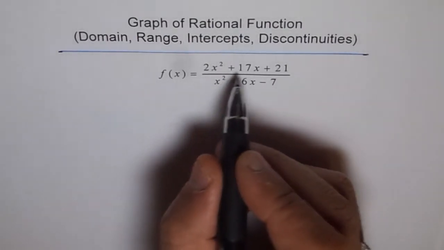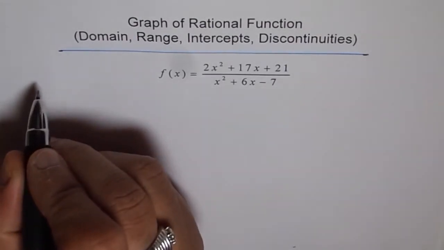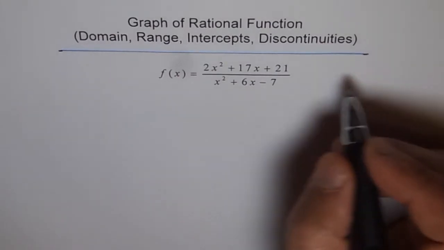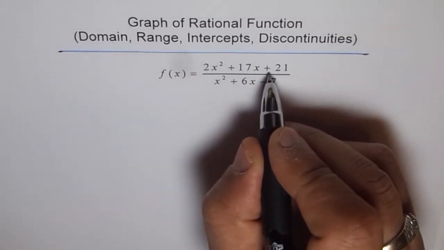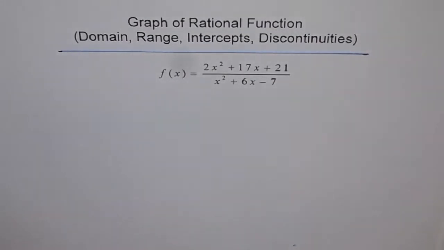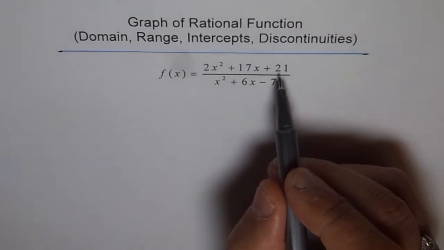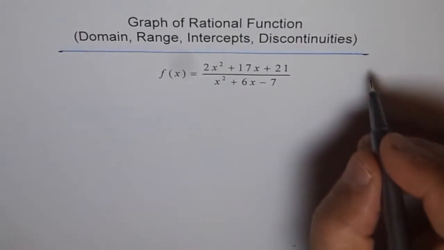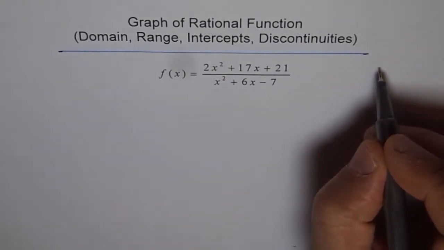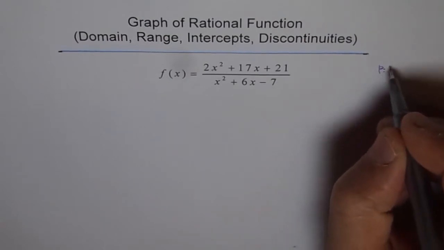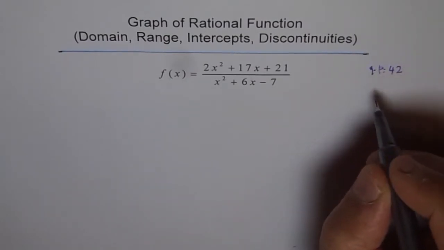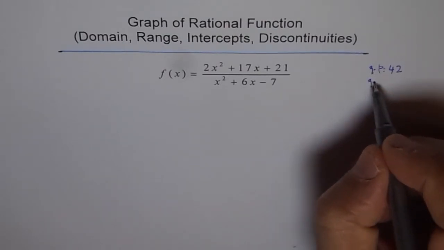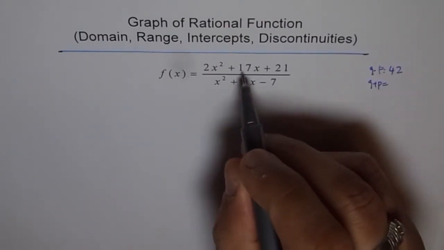So in the numerator we have 2x squared plus 17x plus 21. What we are looking for are two numbers whose product should be 2 times 21, that is 42, so P and Q, and whose sum, that is Q plus P, should be equal to 17.